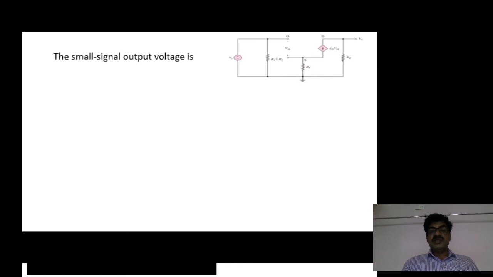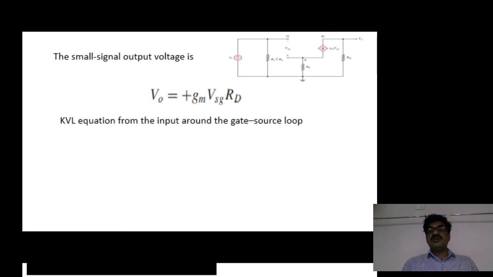So the output voltage is gm VSG times RD. Where VSG is derived from the input. By writing the KVL equation at the input side, VI equals minus VSG plus the drop across RS.